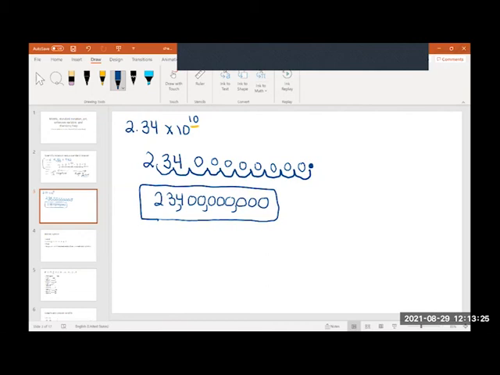I like to think of it as a large file that you want to send to a friend, and you zip the file. That means you compress it. And then the friend, when they get that zip file, they basically will download it and unzip it. So when we go from scientific notation to standard notation, think of that as unzipping the file. We are now going from a compressed version to an expanded version.